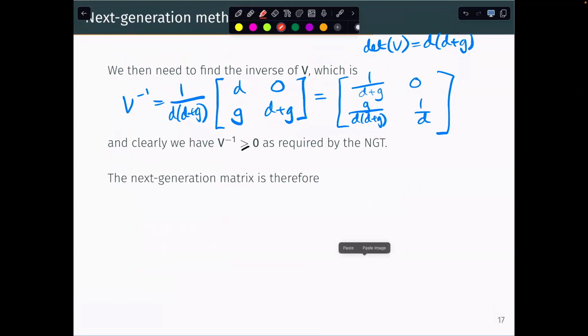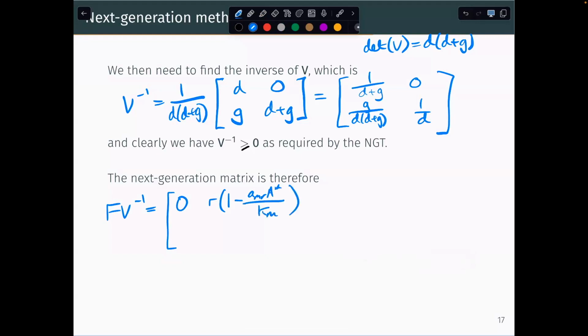Okay, so we've got all of the ingredients we need to do our next generation matrix. So we now just need to calculate F times V inverse. So our F matrix, if you recall, was 0, and then our birth term R times 1 minus AMR A star over KM, 0, 0, and then we've just found this V inverse here.